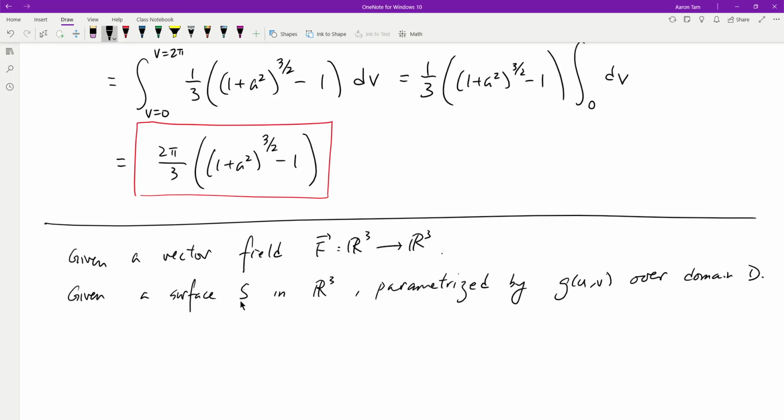It's important to understand that S is in R3, but D is actually on the UV plane, so technically speaking it is in R2. And then we have a vector field whose domain is R3, and it gives out a vector in R3.